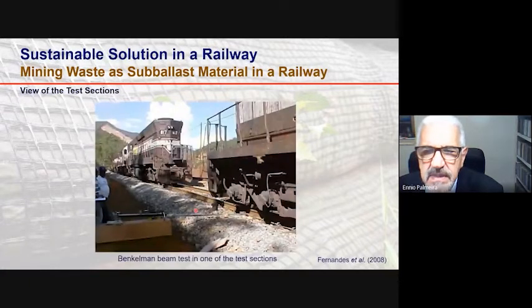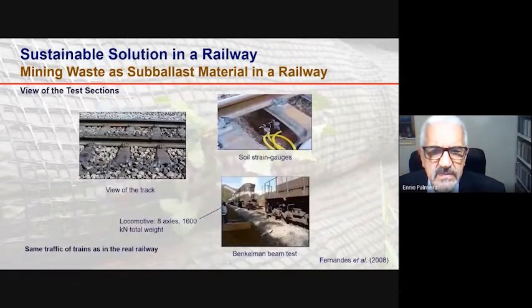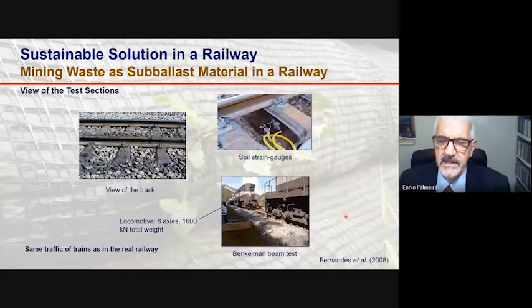So here you see an image of one of the test sections with the type of trains that passed on the test section. Another image here, in a view of the railway track. Here the installation of strain gauge in the subballast layer, and here Benkelman beam test being carried out in one of the test sections.